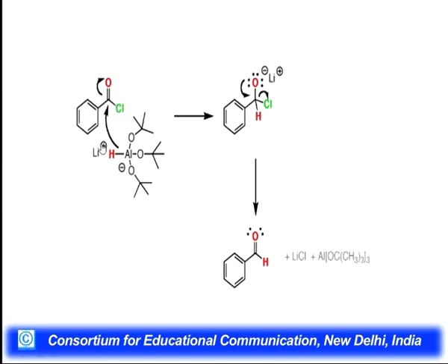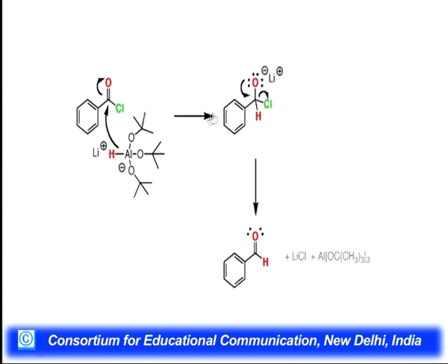First, this lithium reacts with oxygen, and this oxygen now becomes electron deficient. Since it becomes electron deficient by forming a bond with lithium, it will pull electrons from here. This acts as an electrophile. This oxygen is acting as a nucleophile. It forms a bond with lithium.